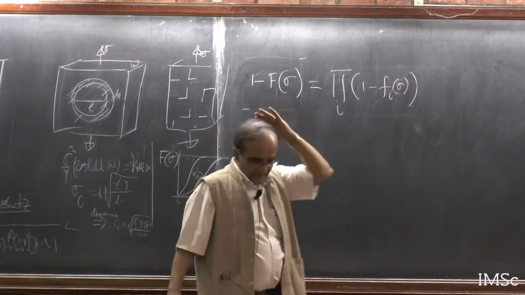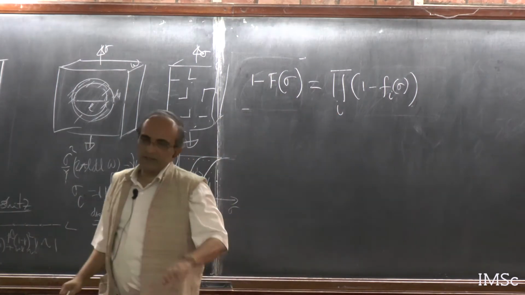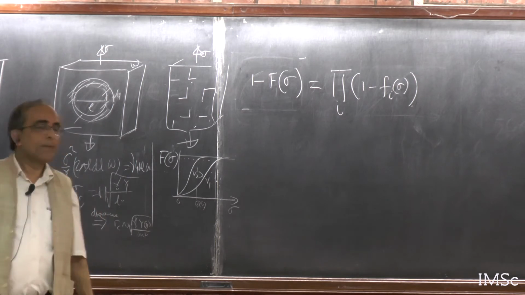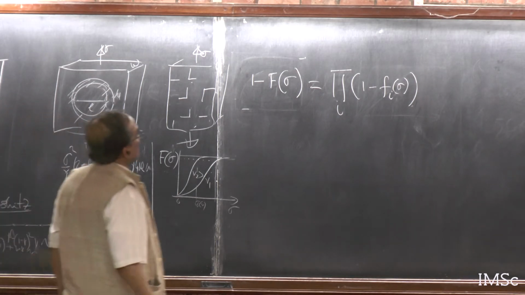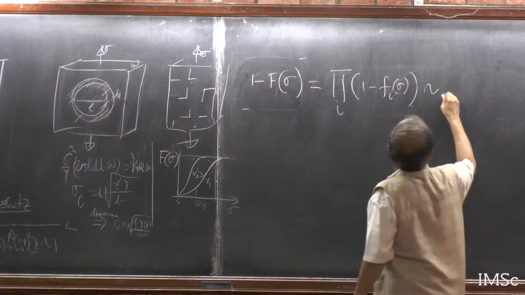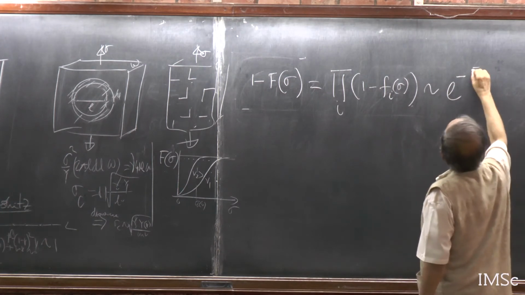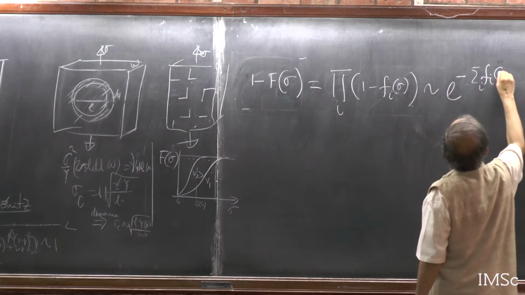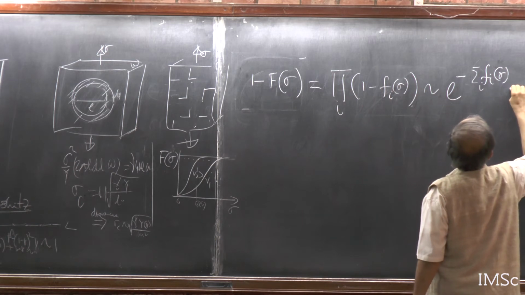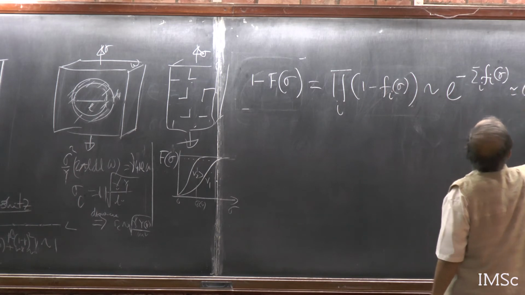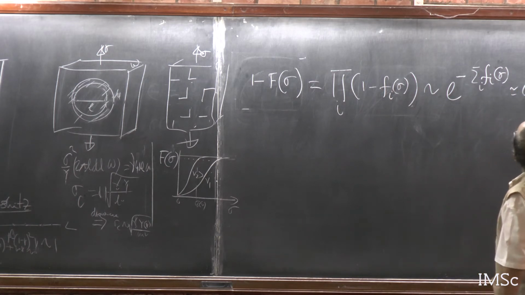That is the extreme statistics said in other ways. And then you can write it as e to the power minus, which in some sense is identical to the volume times G sigma.